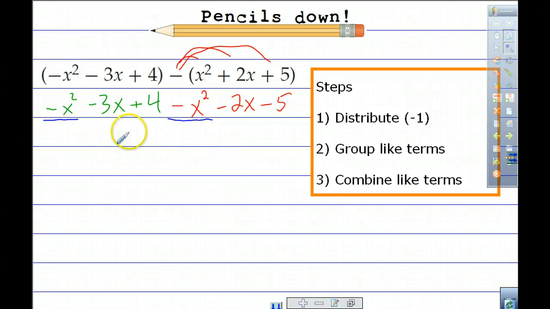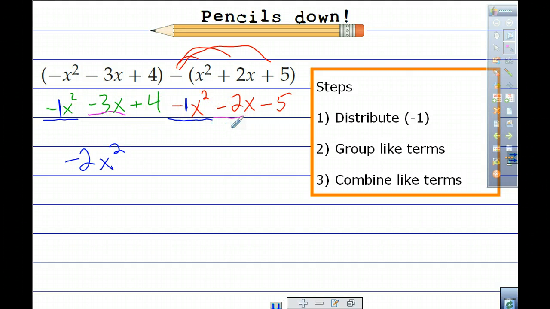So a negative x squared and a negative x squared isn't positive x to the 4th. It's negative 2x squared. So when you're adding, subtracting, you actually work with the coefficients. Negative 1 and negative 1 makes negative 2. The exponent stays the same. Okay.